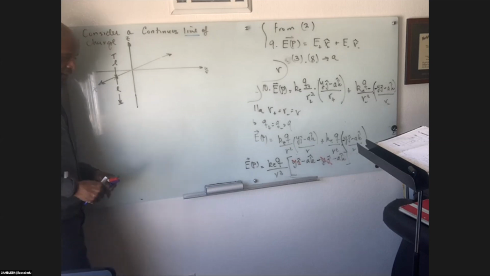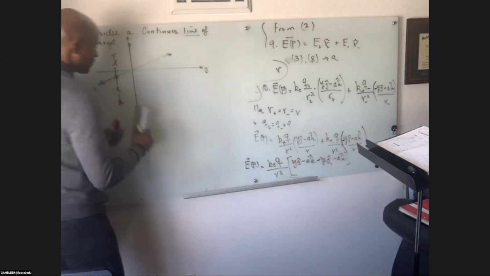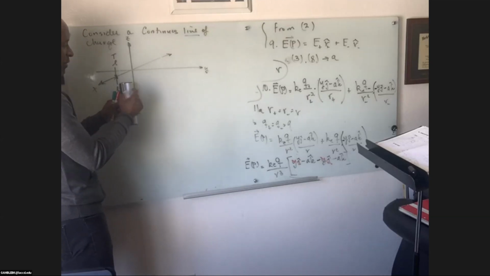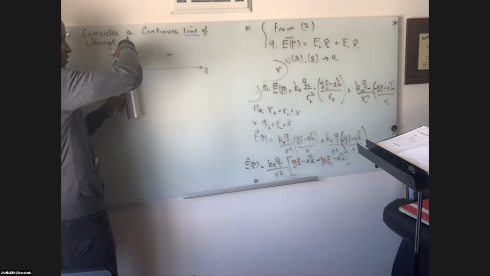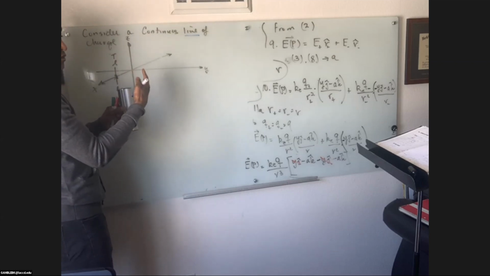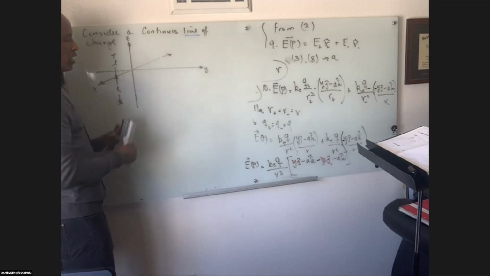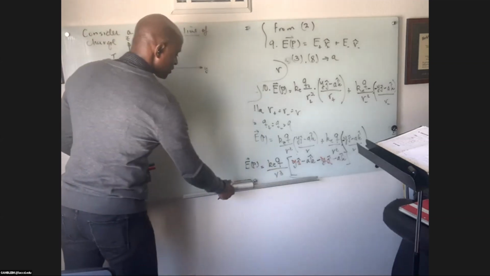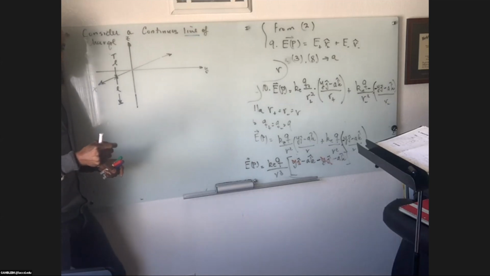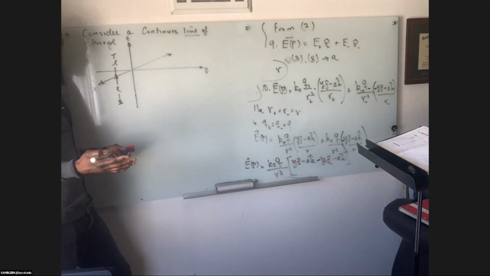I could think of the charge as a cylinder, which has linear symmetry, but it's a cylinder, so it has volume and area, and the charge is throughout. Basically, the axis just goes through the center. I could set up a cylindrical charge distribution in that way. But when I say a linear charge distribution, I'm implying that the charge distribution only has one dimension, which is impossible, right? That's theoretical.